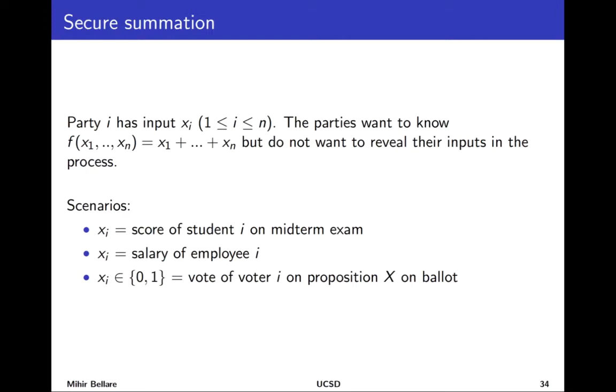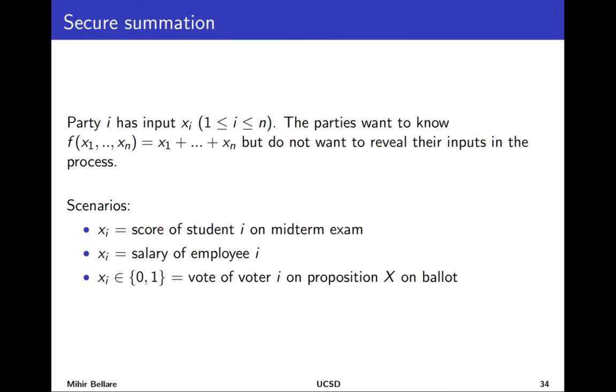So one may first ask, well, why would something like this arise? So here's a few examples. Suppose you wanted in a class to compute the average score on the midterm exam, and this wasn't made available in any other way. So the students each have a score, but they don't want to reveal their scores. They just want to know the sum, which is equivalent to the average, because the average is the sum divided by the number of students. So that would be a case of this problem.